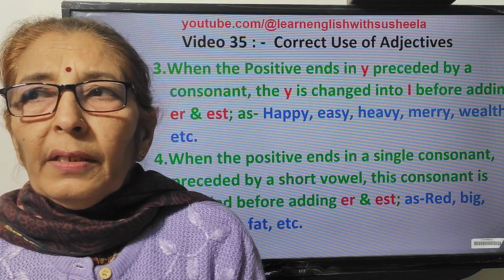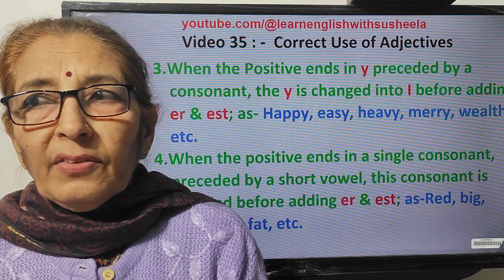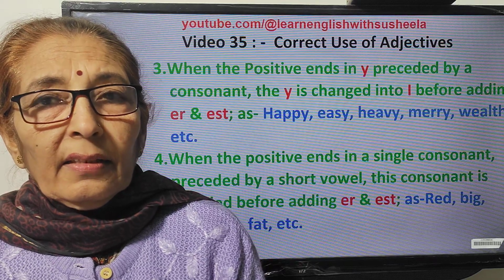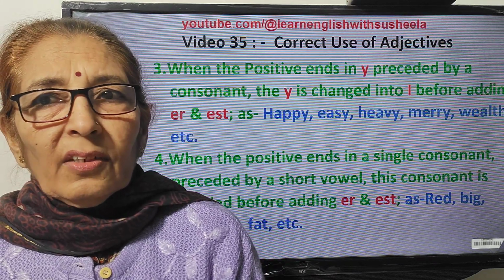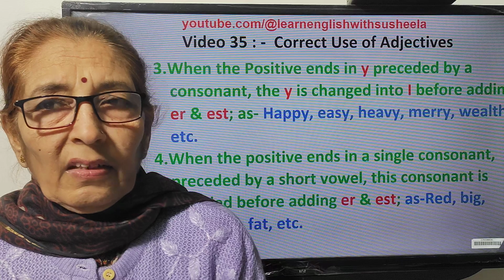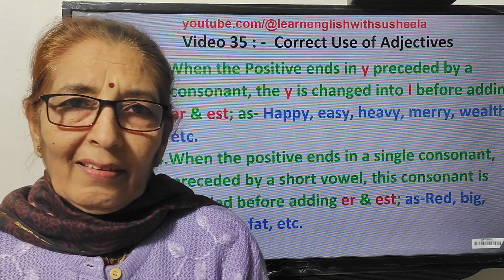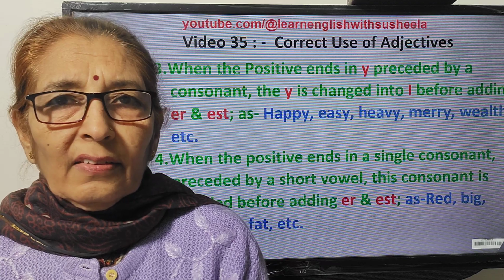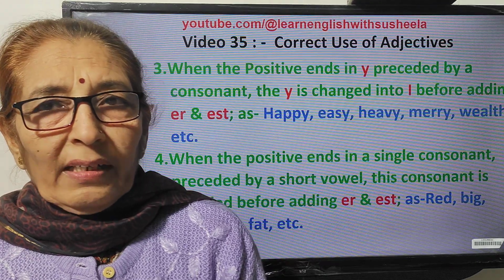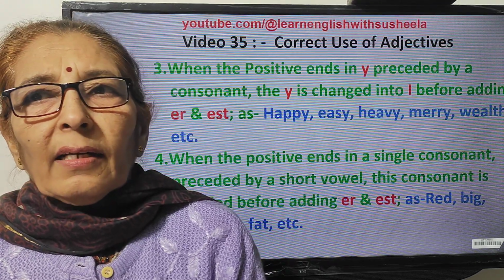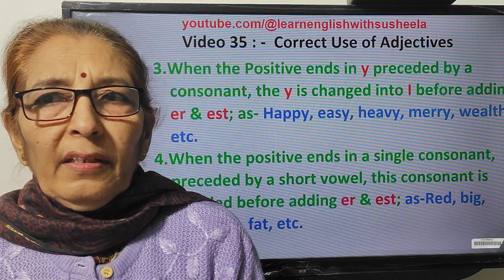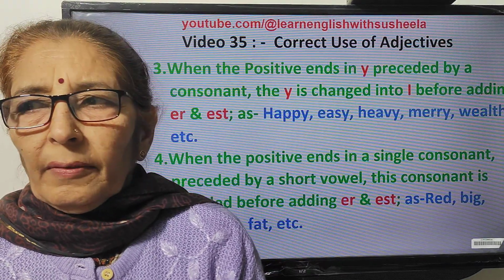So BIGGER and BIGGEST. Same way, thin, thinner, THINNER, and THINNEST. Same way, sad, sadder, SADDER and SADDEST, and fat, fatter, fattest. In the same way, that last consonant will be doubled, FATTER or FATTEST.